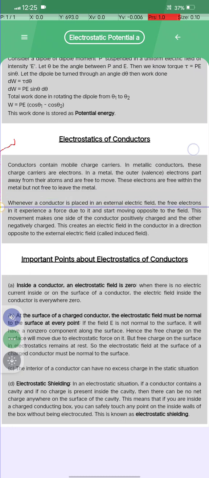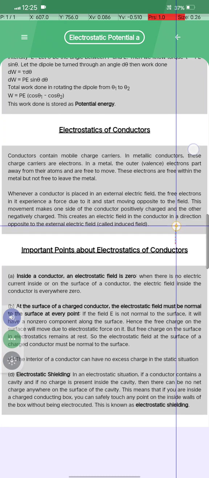Whenever a conductor is placed in an external electric field, the free electrons in it experience a force due to it and start moving opposite to the field, and this movement makes one side of the conductor positively charged and the other negatively charged. This creates an electric field in the conductor in a direction opposite to the external electric field, called the induced field, okay.